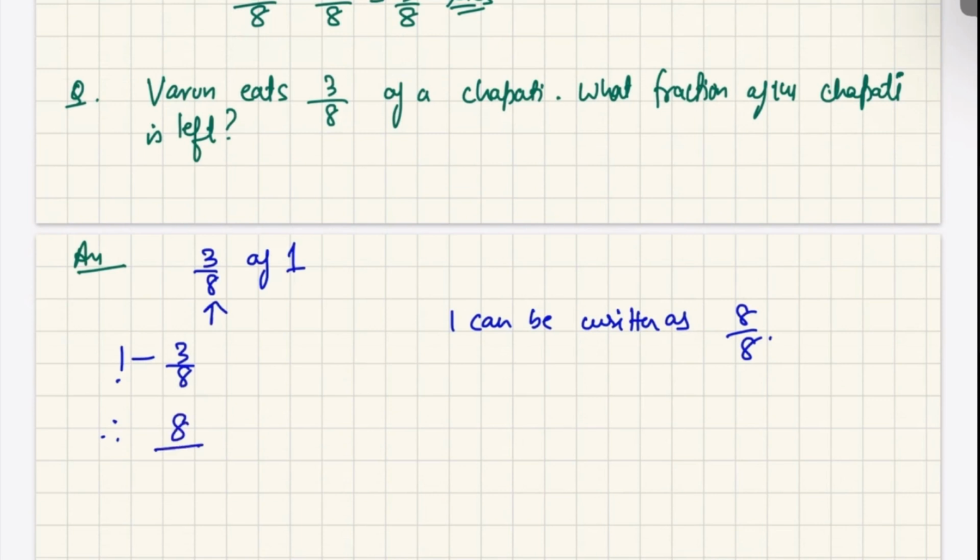The new question is 8/8 minus 3/8. Keeping the denominator as 8, the numerator is 8 minus 3. This becomes 5/8. So my answer is 5/8, which is in the lowest form.